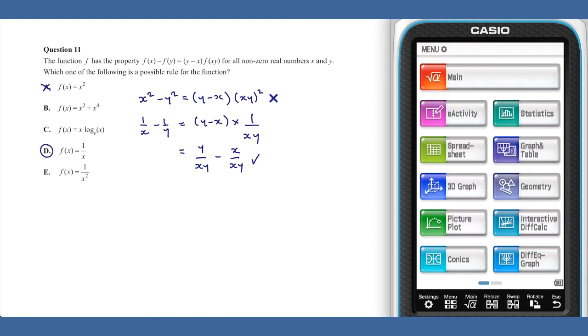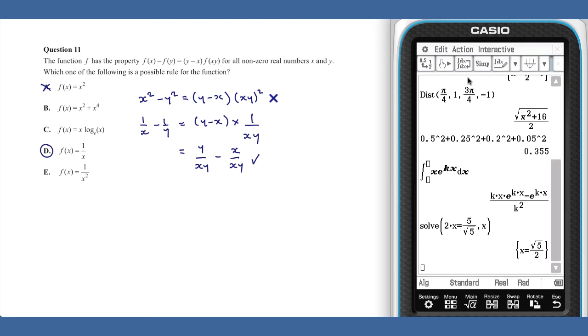Another approach to this question would be to use the judge command on the ClassPad. To do so, first of all, we need to define our function. So let's start with our option of x squared.